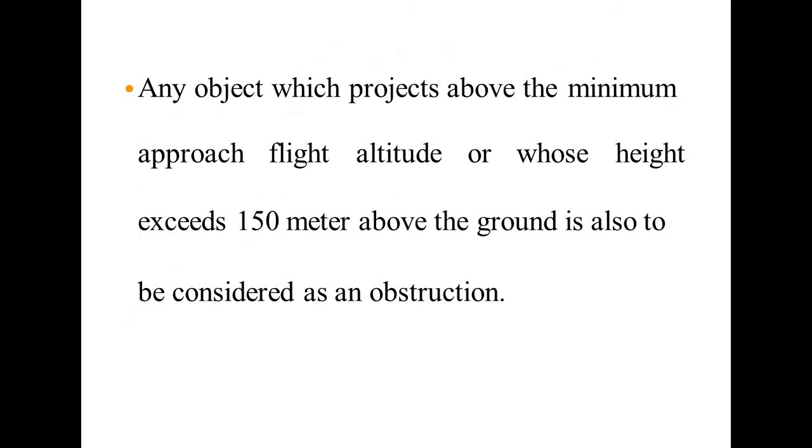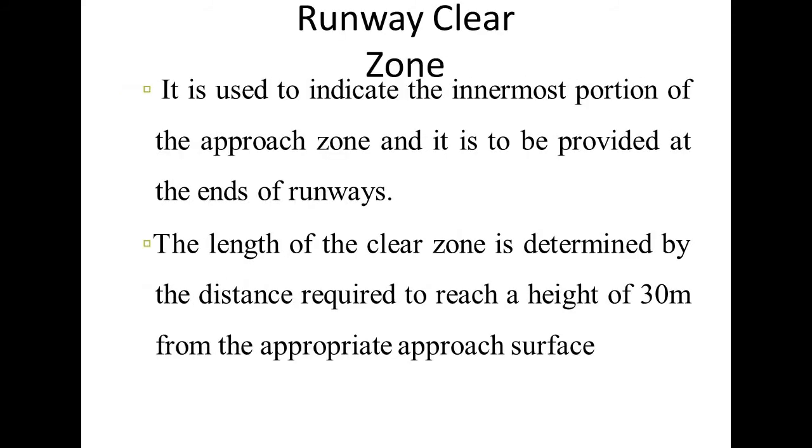Any object which projects above the minimum approach flight altitude or whose height exceeds 150 meter above the ground is also to be considered as an obstruction. So based on this, we have the runway clear zone. It indicates the innermost portion of the approach zone and is to be provided at the end of the runway.